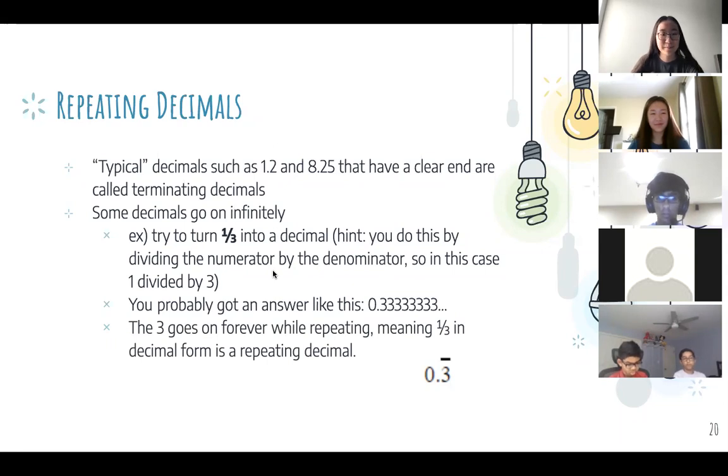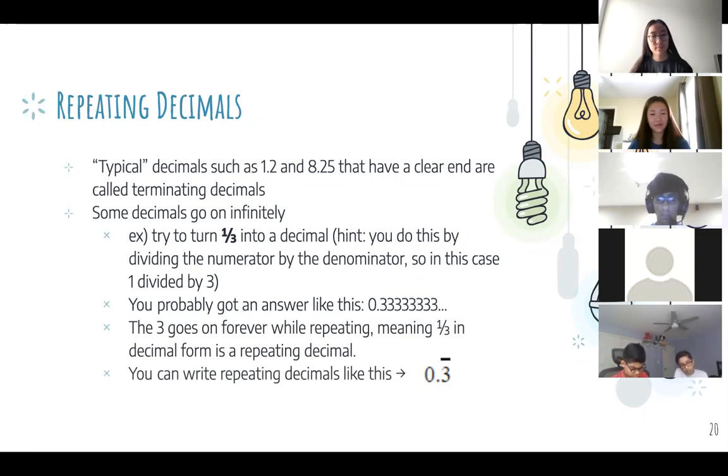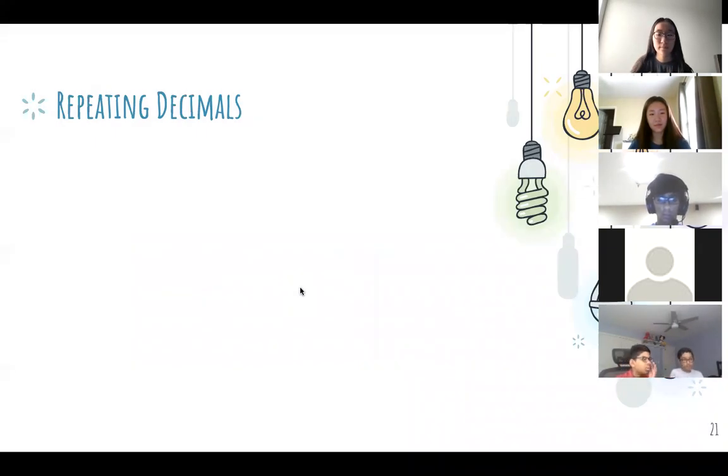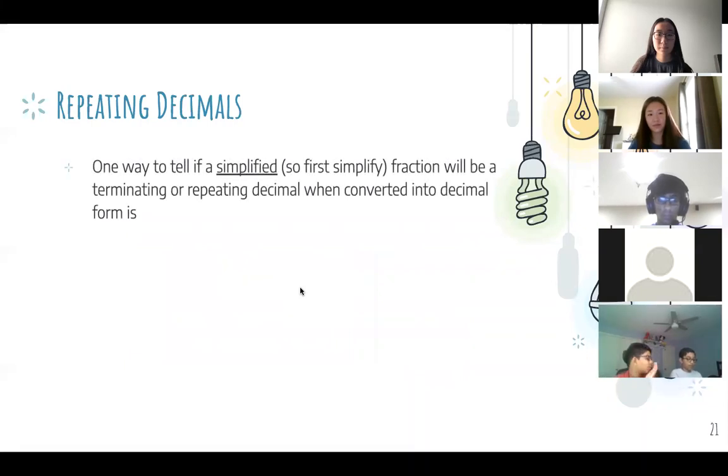So the 3 goes on forever while repeating, meaning 1/3 in decimal form is a repeating decimal, and you write the repeating decimal with the little bar on top.